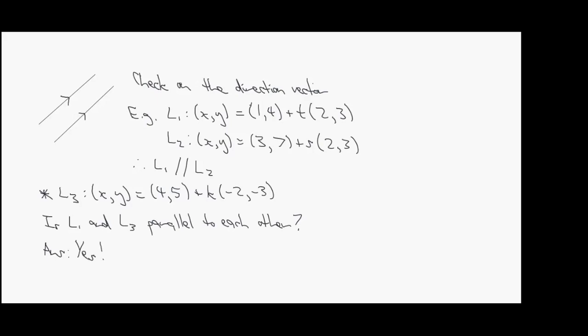The reason for this is that -2, -3 is definitely a multiple of 2, 3.